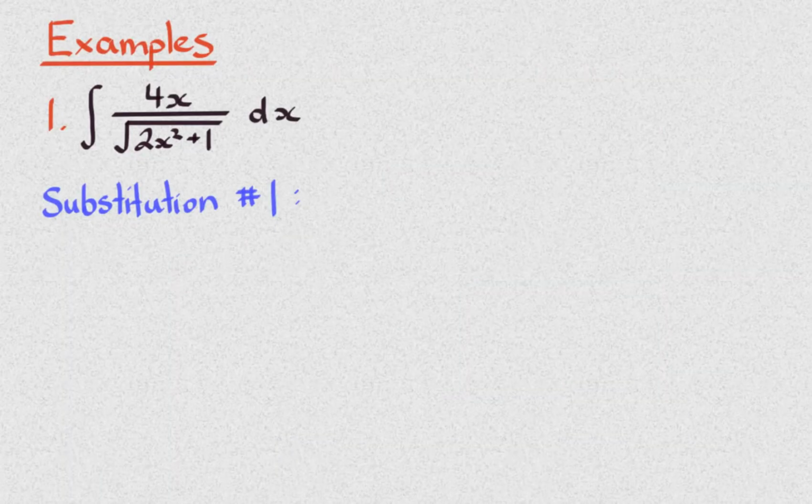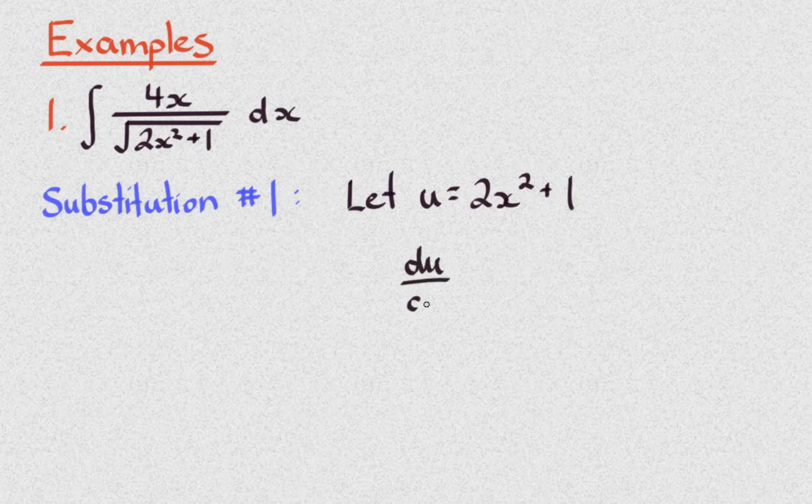Okay, so for our first substitution, we will set u simply equal to 2x squared plus 1. And so if we do that, the derivative of u with respect to x is 4x. That means that 4x dx can be replaced with du.